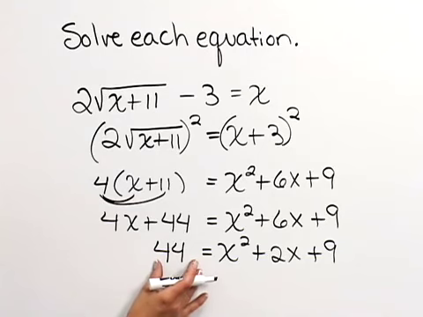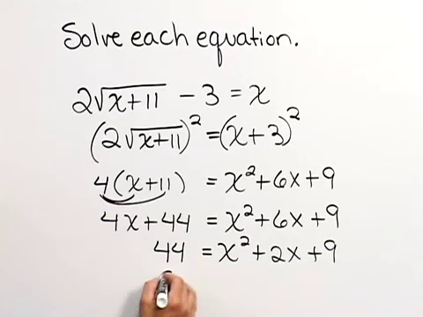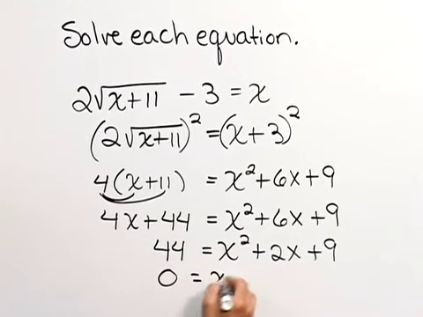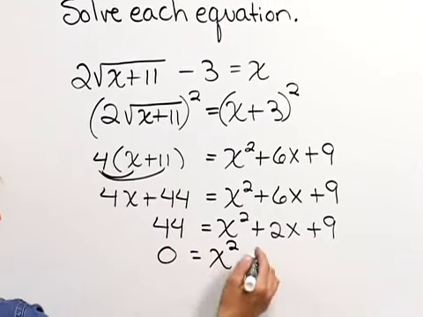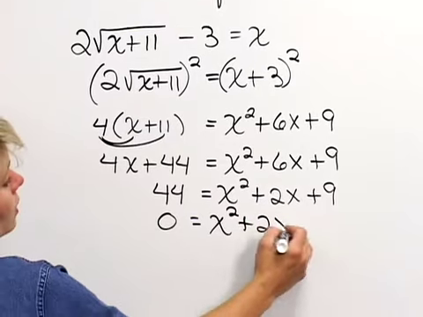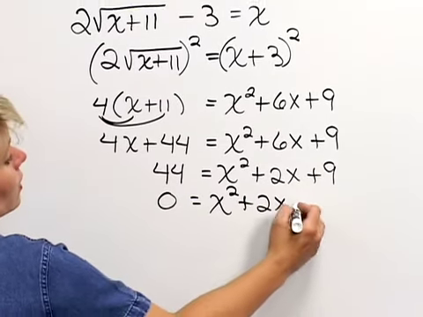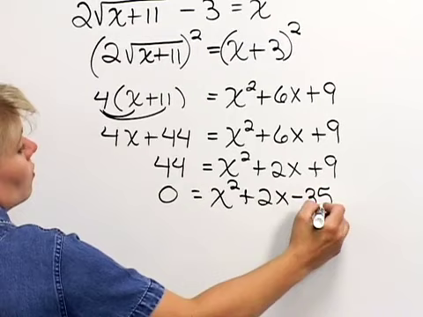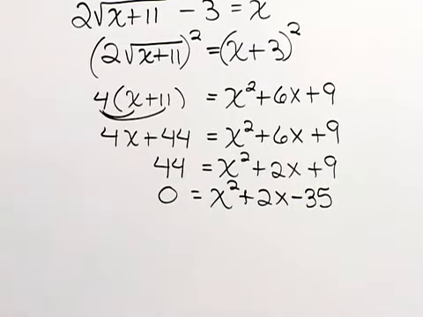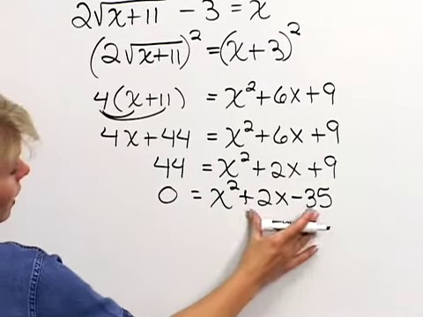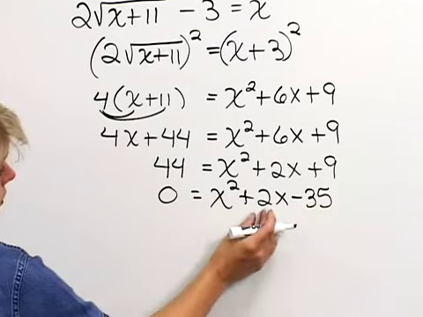Now, to finally get 0 on this left-hand side, I'll subtract 44 here to get 0. But if I subtract 44 on the left side, I need to make sure that I subtract 44 here to get a negative 35.